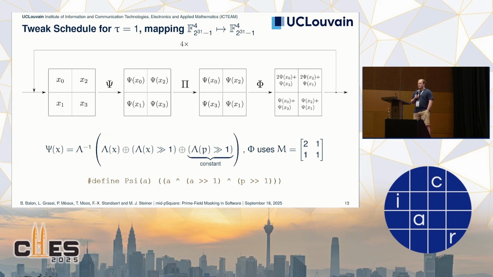Another question. Did you implement it on Cortex M0 where you have only this 32-bit multiplication where the top is cut off? We did not, in part because the memory is already not sufficient to fit our competitor Skinny on it.